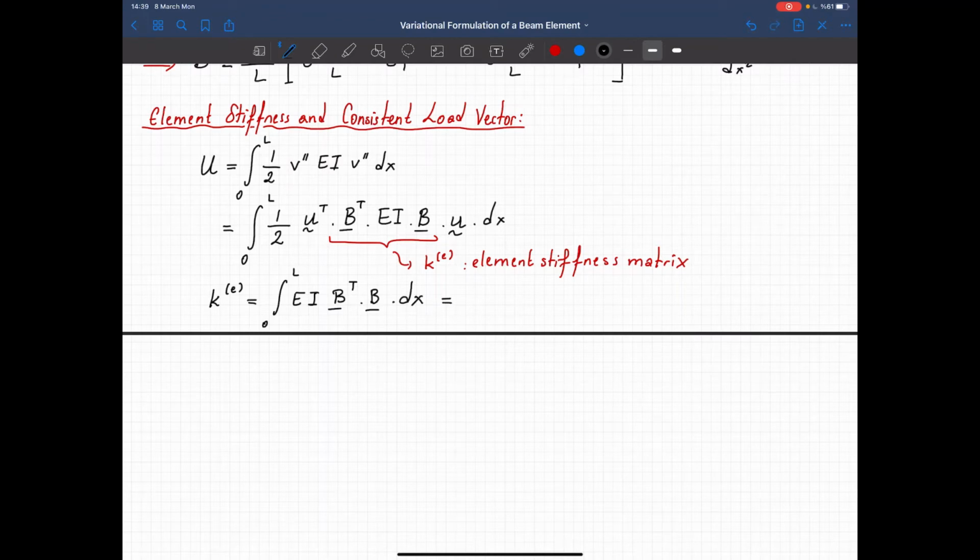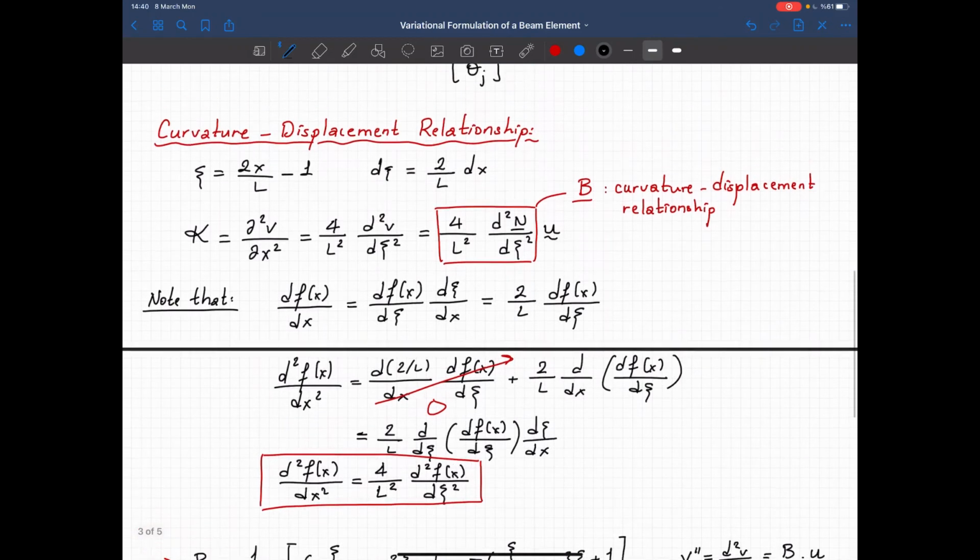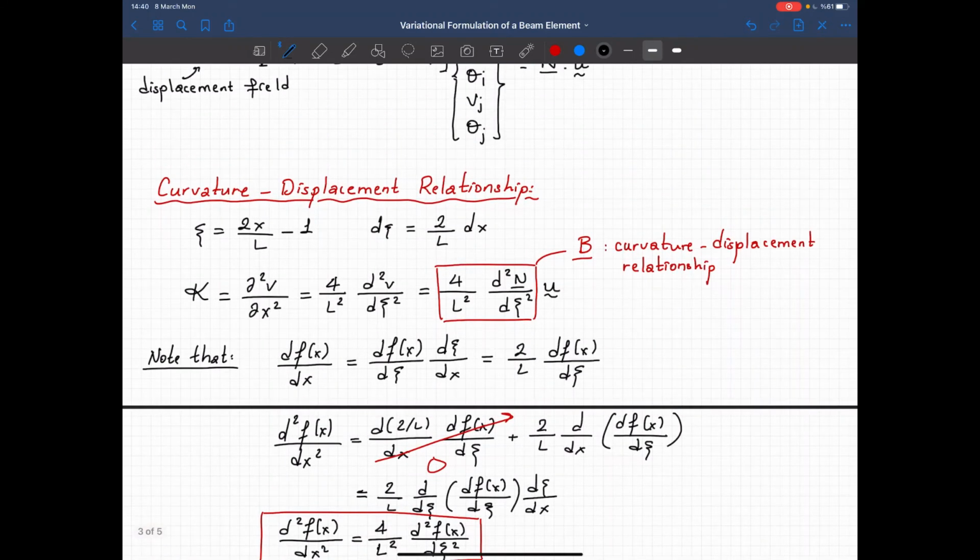So if I change the variables, I have -1 to 1 of EI B transpose times B times 1 over 2 L d psi. Again I use this relationship to switch from dx to d psi.